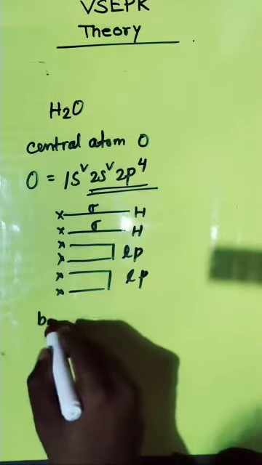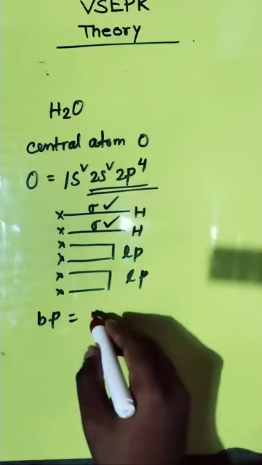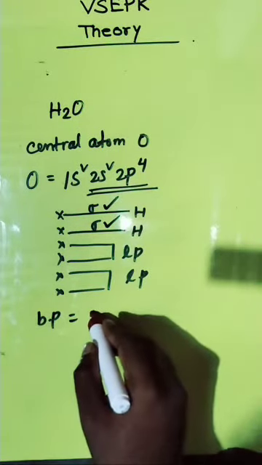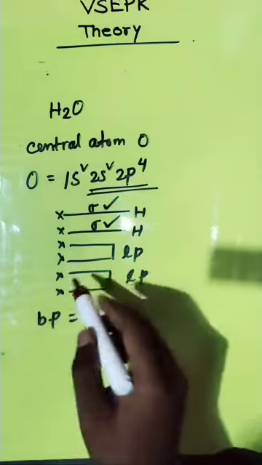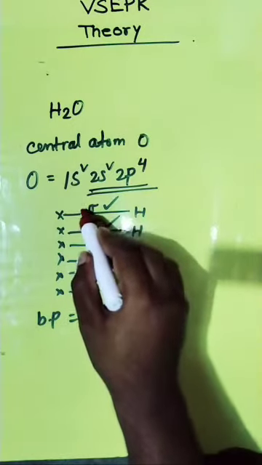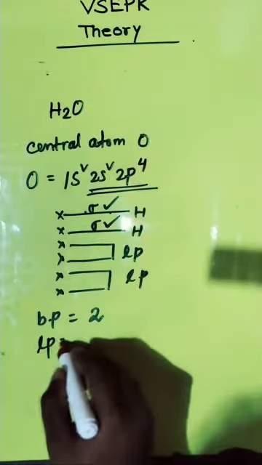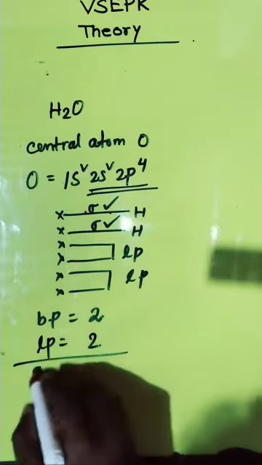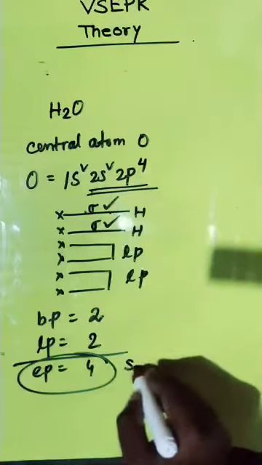So the number of bond pairs equals 2, that is 2 sigma bonds produced. One pair means 2 electrons, that is 2 bond pairs means 4 electrons, 1 electron from the oxygen atom and 1 electron from the hydrogen atom. Similarly, lone pairs equal 2, that means 4 electrons, and these electron pairs together give the steric number.